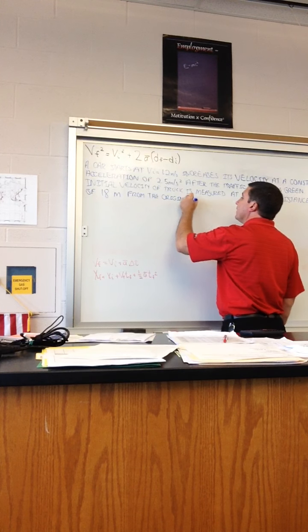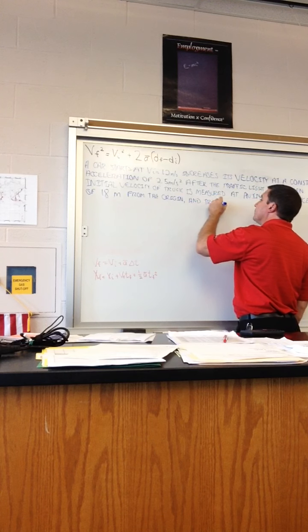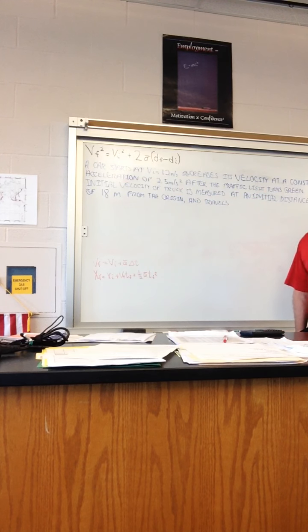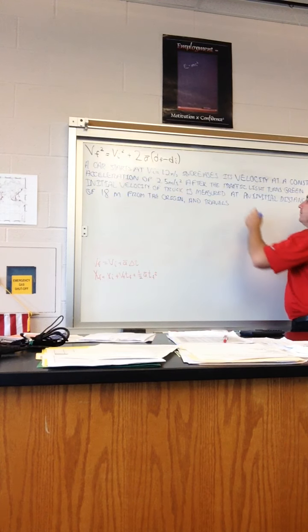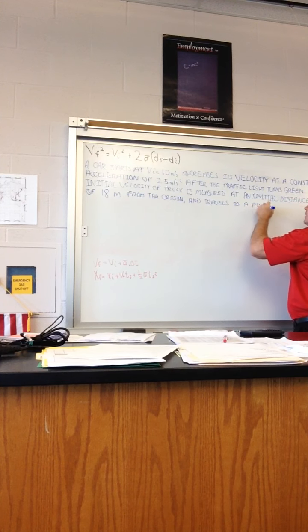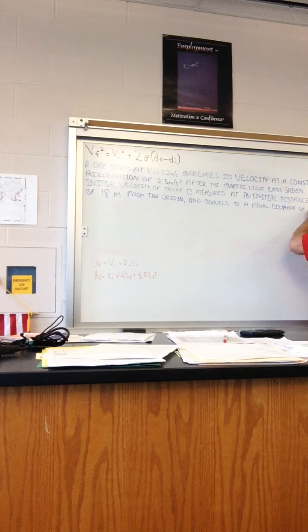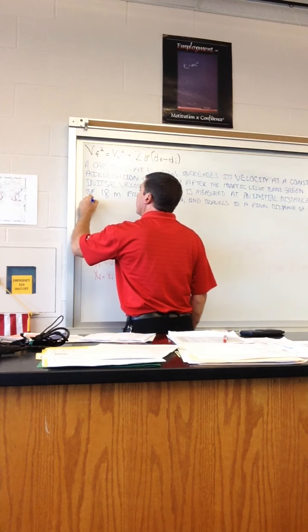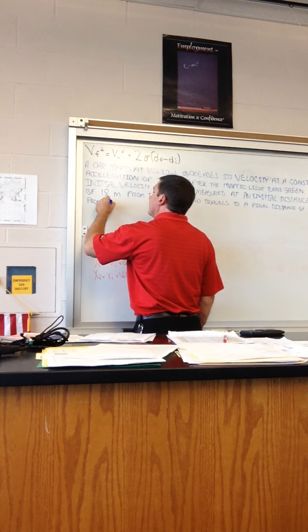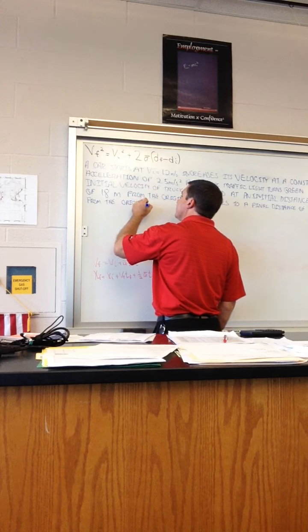And the vehicle travels, I'm leaving out some words, but you get the idea, to a final distance of 72 meters from the origin. And of course I want to know what's the final velocity of the truck.